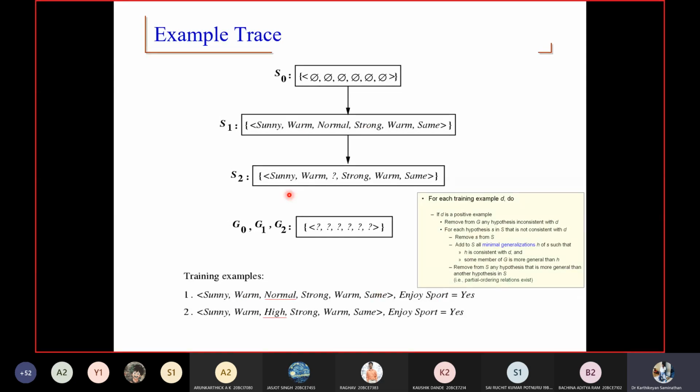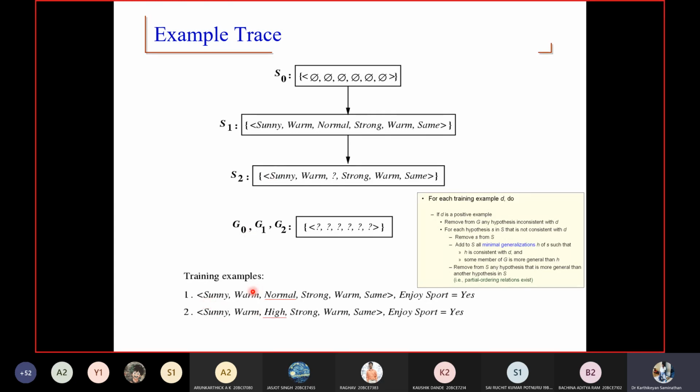This is a positive data set. So I am changing only the specific S1 and S2. I am not touching G0, G1, G2 because the first two are positive examples. So I am not touching the G series. I am updating only S. For S1, the same answer. S2 is also positive. So I am comparing sunny versus sunny, sunny.